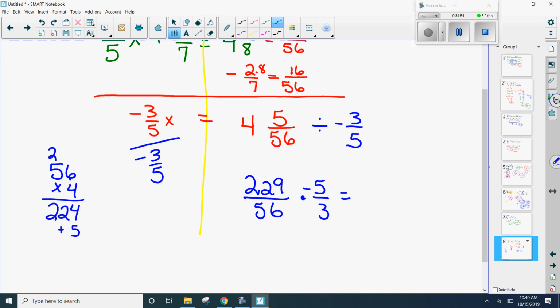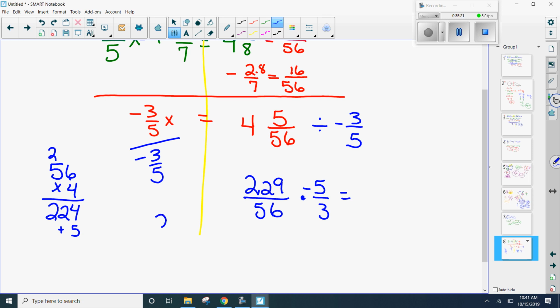Is your answer going to be positive or negative? Negative. What do you get when you multiply those two together? You get a big number.